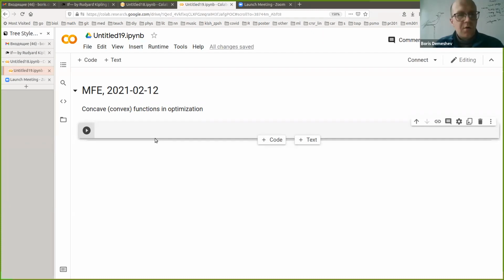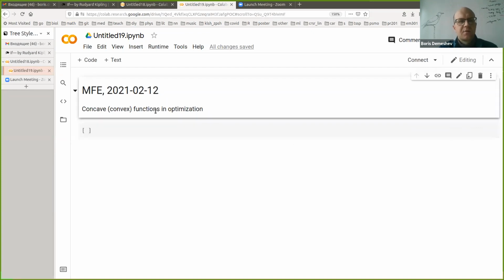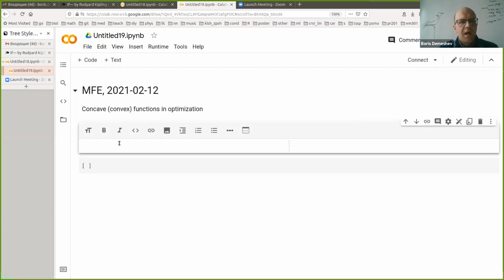Okay. So first, I would like to finish one small topic I forgot about, homogeneous functions. It's very simple, but I left one small point about homogeneous functions. And so you will see how I will type mathematics using LaTeX in Colab.